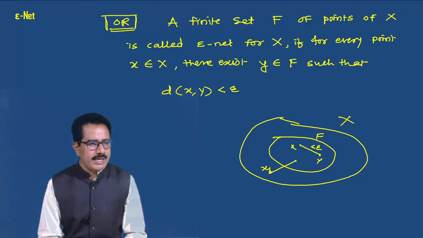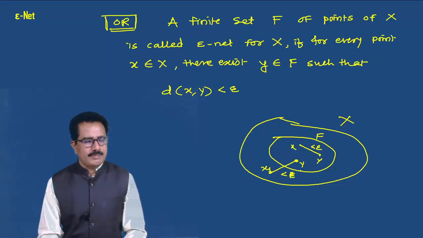Suppose this is x1, this is y1, then distance is less than epsilon. Okay, we shall see one example, one by one, then we get the clear concept regarding this.